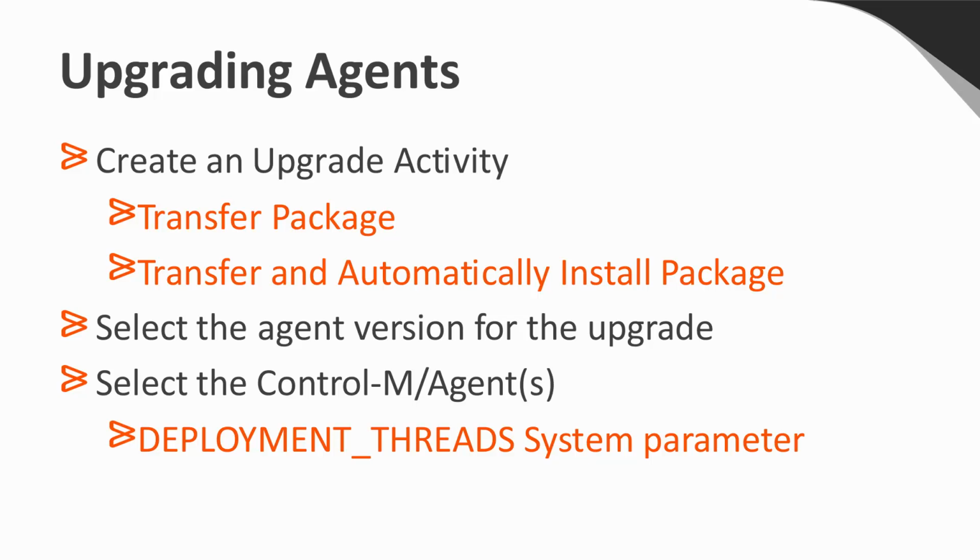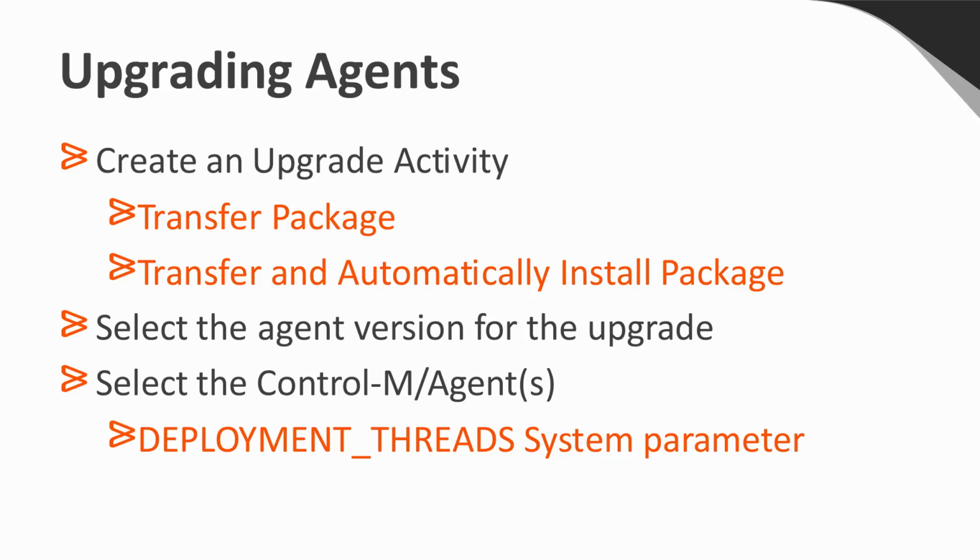This option is very useful when we need to schedule a maintenance window to perform the upgrades. So we will save some time transferring the package, and when we reach the time for the maintenance window, we will just go to the agent deployment window and manually start the upgrade from there.